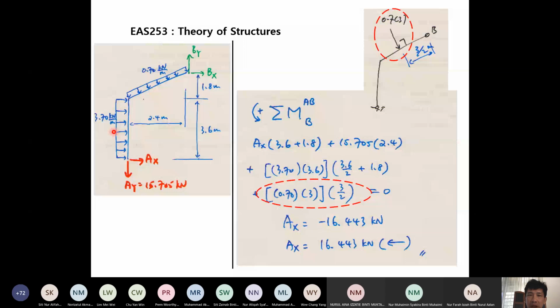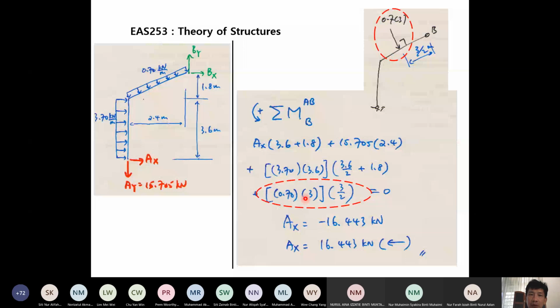So it is easier to consider in this way for this case now. So 0.7 multiplied with 3 multiplied with perpendicular distance will be half of this length of this member. This inclined member, the length of this inclined member is 3, so half divided by 2.